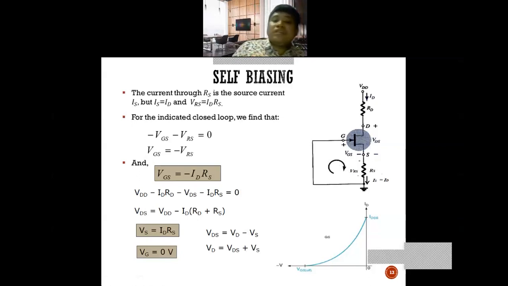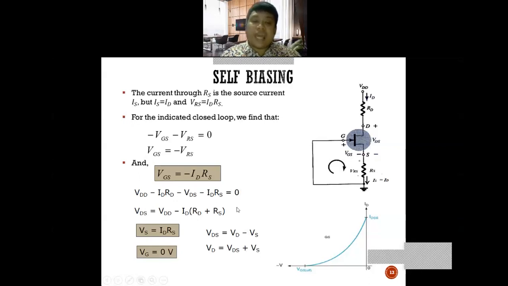When VG is 0, RG equal to 0. For self-biasing, no resistance at the gate, only a resistor at the source. VGS equal to negative IDRS, VDD minus IDRD minus VDS minus IDRS equal to 0.